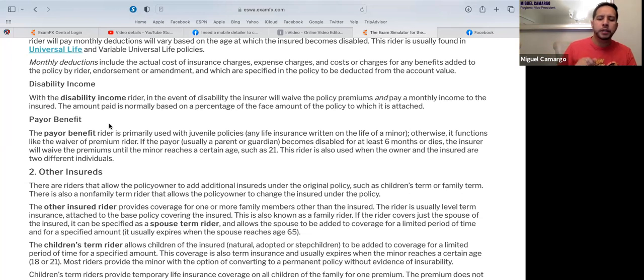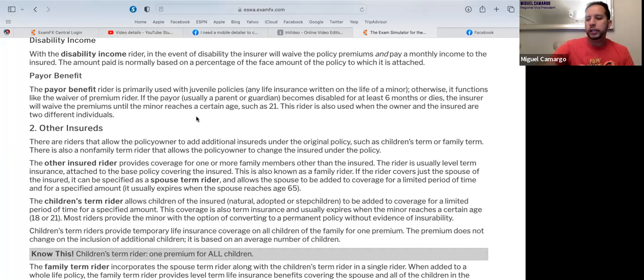I'll repeat that again. This is a rider as a payer benefit that if the client, the guardian or the parent is disabled for 6 months or longer, or they die, the child's policy is paid up until they're 21. They're disabled after 6 months, or they die. Their child's policy is paid up until 21.